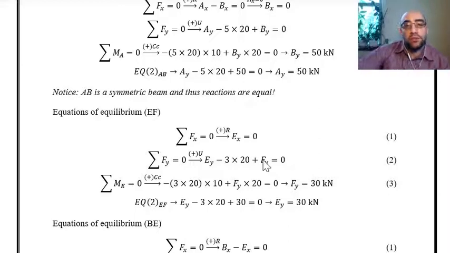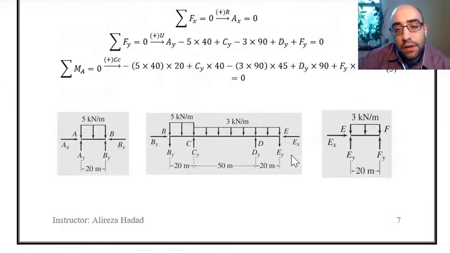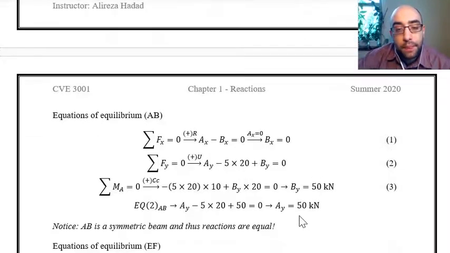And then the last equation will be summation of moments about a point. We can say summation of moments about point E equal to 0. And since positive is counterclockwise, I have to say minus 3 by 20. That is the total force multiplied by the distance, which is from the centroid of the distributed load to the point, that is 10. And the other moment will be because of this reaction at point F. So that will be Fy multiplied by 20.